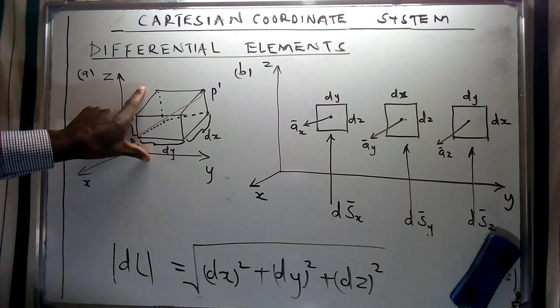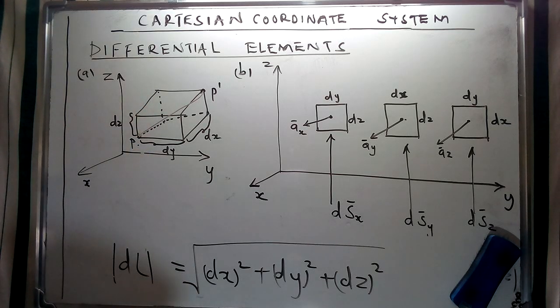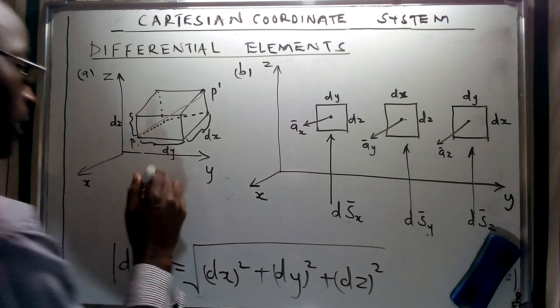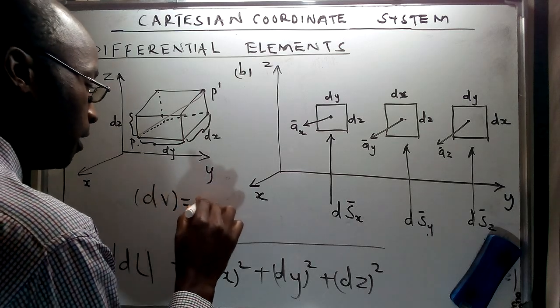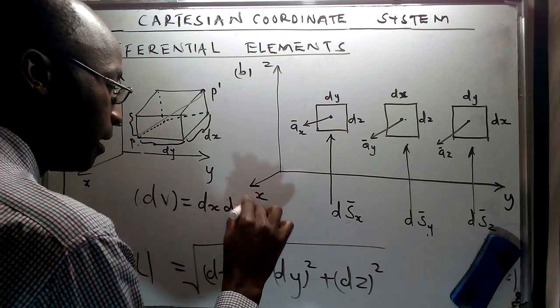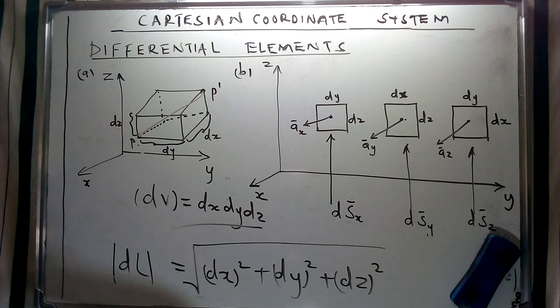In any case, if we look at this from a geometrical point of view, we can find this differential volume that we have created, which is going to be a scalar quantity given as dv. So dv can be defined as dx dy dz, which is a product of those 3 differentials, and this forms a scalar quantity.